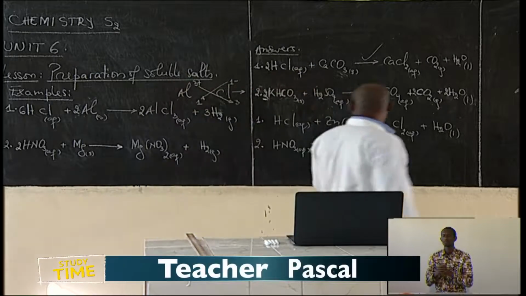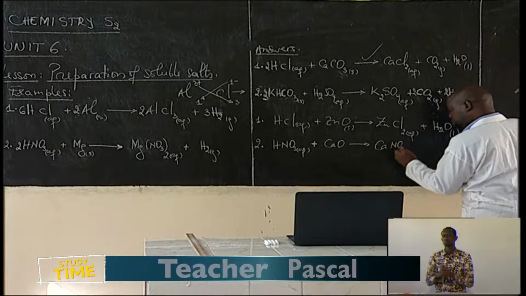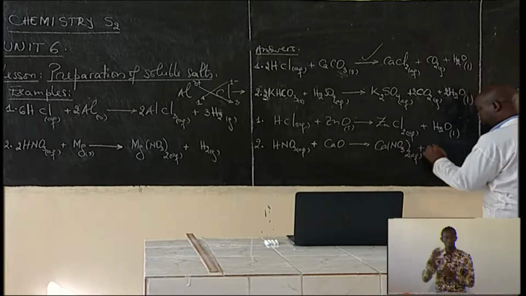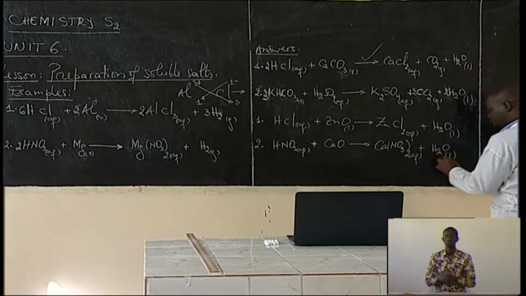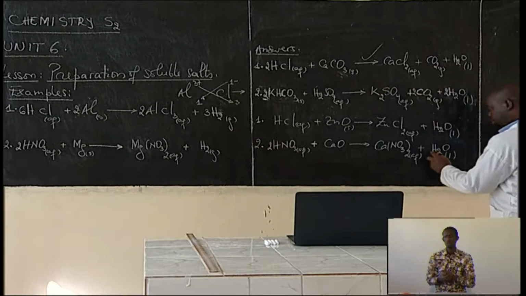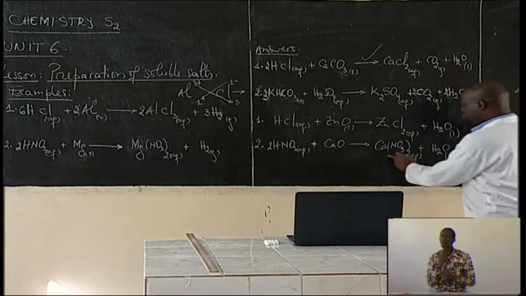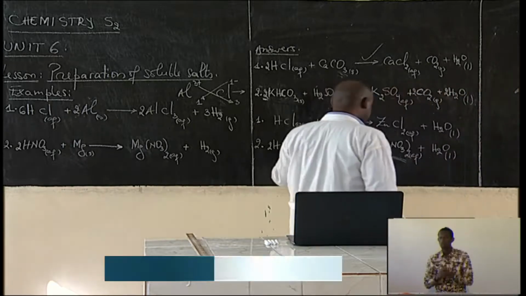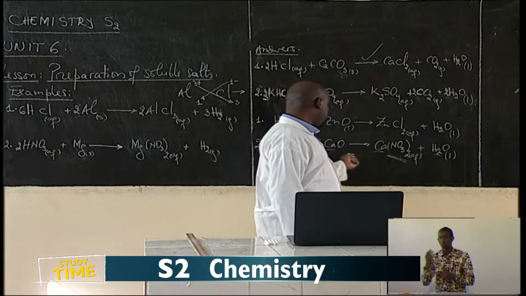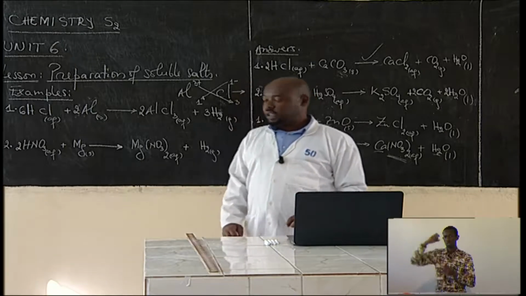And the products will be calcium nitrate. Remember, they are soluble salts, plus H2O liquid, and here we have 2, and we produce water. So this is the nitrate ion, 2 nitrate ions and 2 nitrate ions, 2 hydrogen, and calcium is 1, and oxygen is 1. So the equation is balanced.